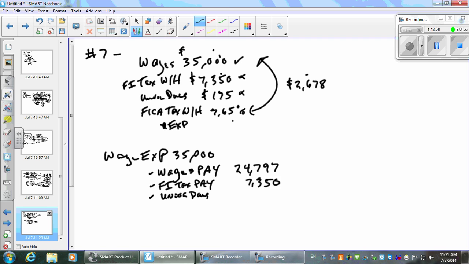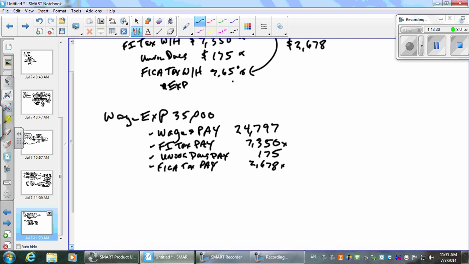This one's payable to the union. Payable. How much? 175. And then I have one other one, and we might put it in the same account as the federal income tax withheld, right? What's this one? FICA withheld. FICA tax. And this portion is payable. It's withheld. It's payable to the government too. So I can put it in the same account because I'm going to send it to the same people. Does that make sense? You can put together the 7,350 and the 2,678 into one if you want. Does that journal entry balance? You bet it does. We're done.